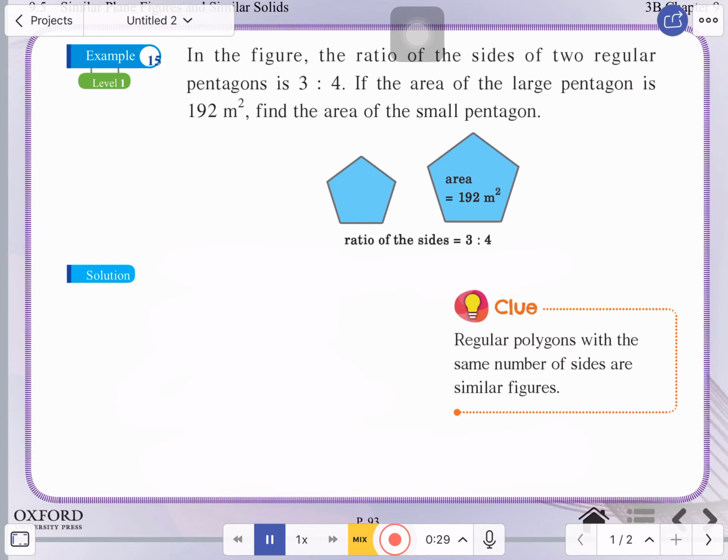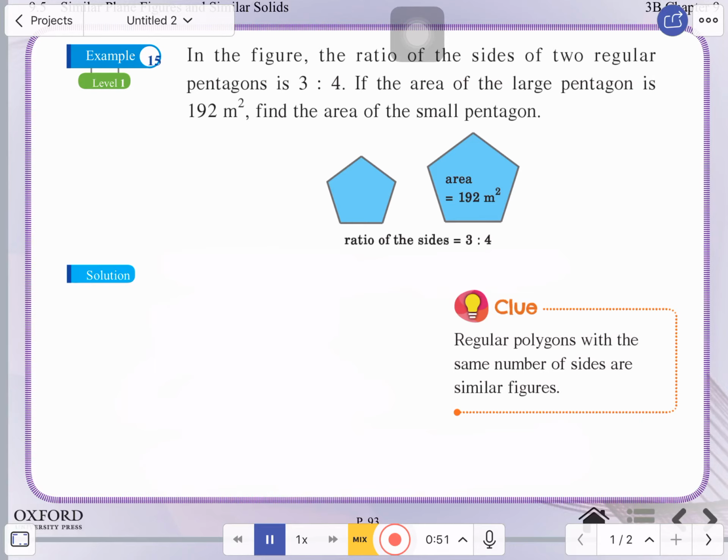You can imagine that when I enlarge the smaller pentagon, it will become the larger pentagon. So they are actually similar figures.